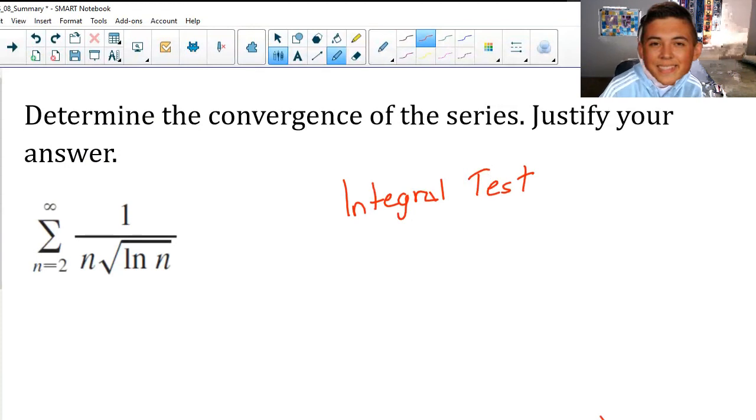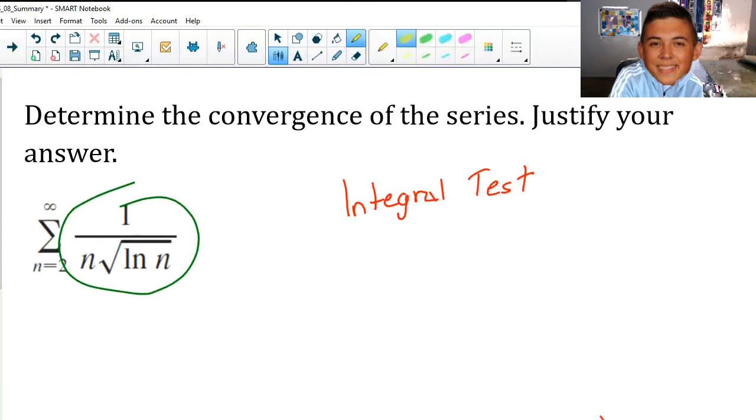And now that's mostly because I feel comfortable that I could do this integral. So remember, part of the integral test is just when we look at this, do we feel like we could integrate it? I feel good about that because when I integrate this, I would need a u substitution.